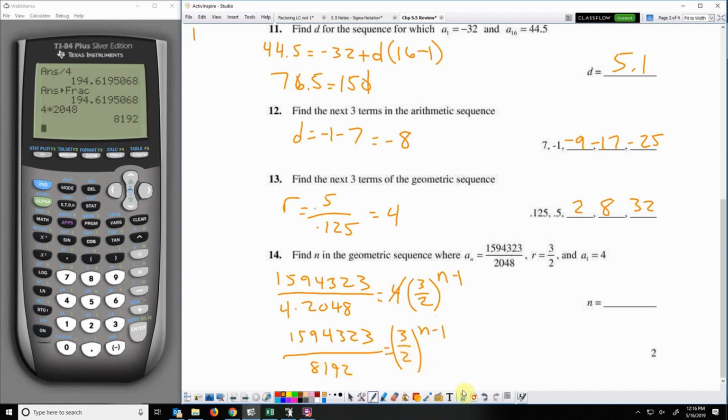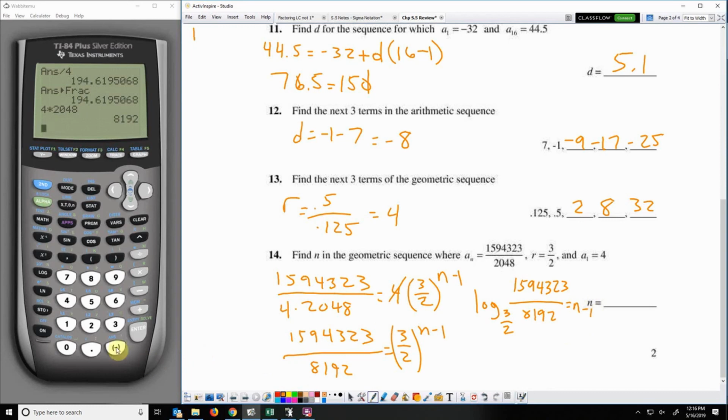Now I can do logs with a base of 3/2, an argument of 1594323 over 8192 equals n minus 1.